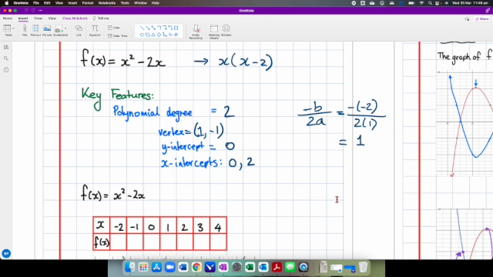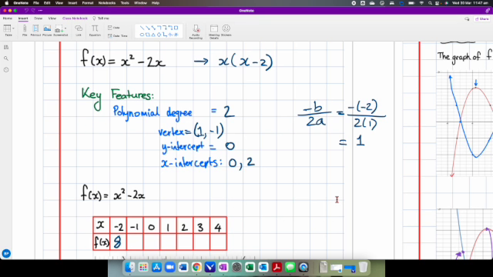And if we were to, can you quickly yell at me those tables of values? I was expecting a number. So minus 2 squared is 4. 4 minus, isn't that 8? Yep, because minus 2 times minus 2 is positive 4.